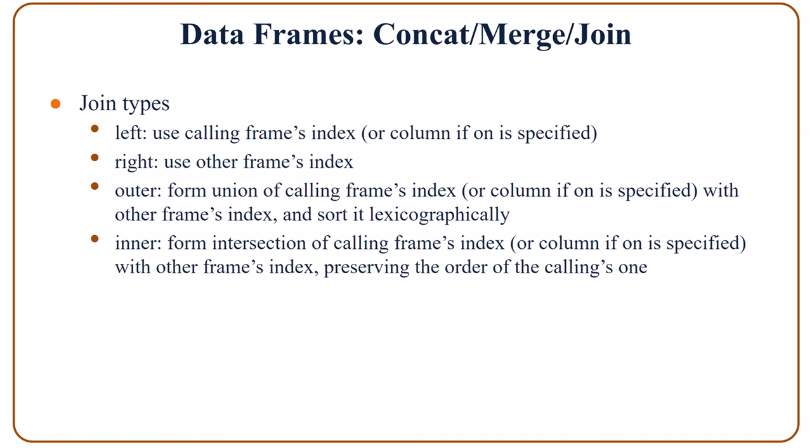Join types. Join types very important. Usually, inner join is used very commonly. There are others as well, such as left, right, and outer. The left join uses the calling frame's index, meaning the result would return all the rows from the left data frame.